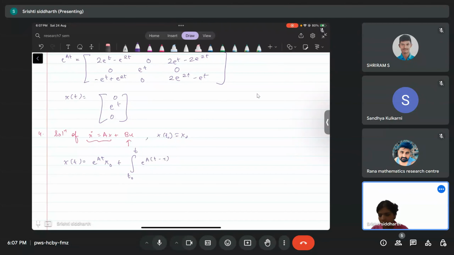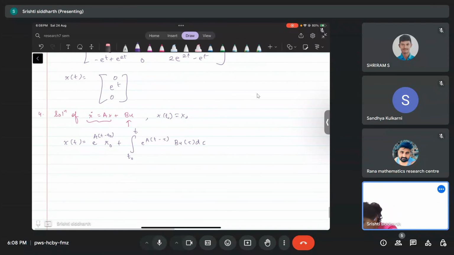Tau is the dummy variable here. E t tau. And if we have translated the time from 0 to t naught, so this also changes. It is going to be e to the power t minus t. Okay, so in other words, this is going to be e to the power a t minus t naught times x naught plus e to the power a t minus tau b u tau d tau.